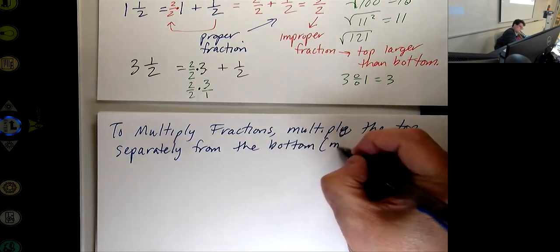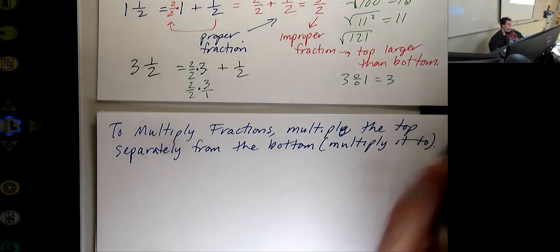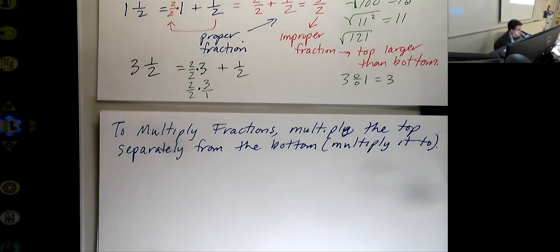So multiply the bottom two. I kind of glossed over that when I was getting the common denominator. I meant to do multiplying fractions first.